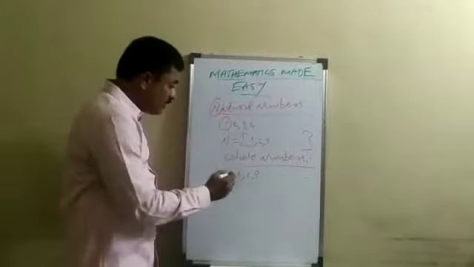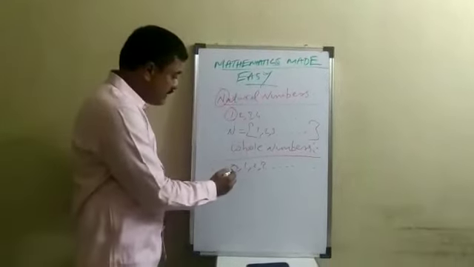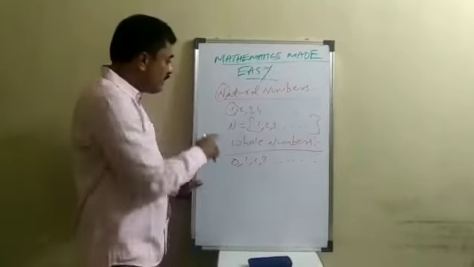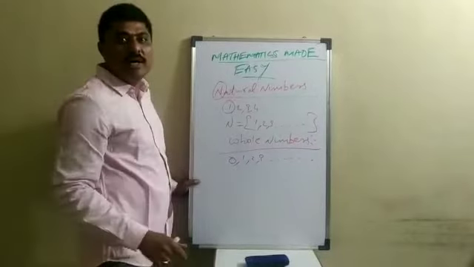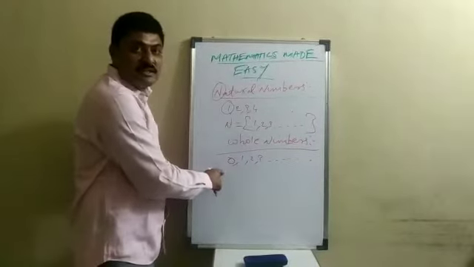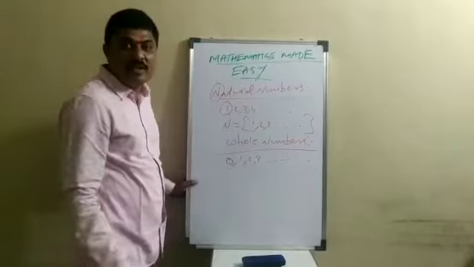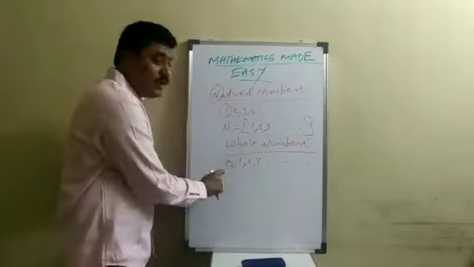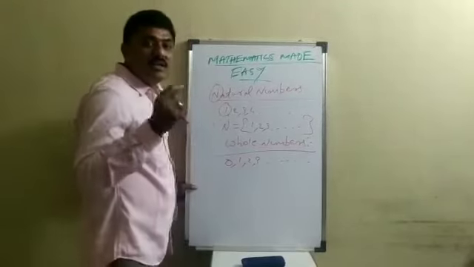If I include 0 in the family of natural numbers, the number starts from 0 here: 0, 1, 2, 3 and so on. The name of the family changes from natural numbers to whole numbers. So, whole numbers start from 0 and natural numbers start from 1. 1 is called the least natural number, whereas 0 is called the least whole number or smallest whole number.